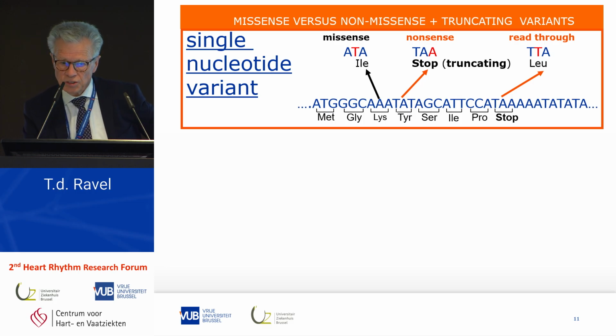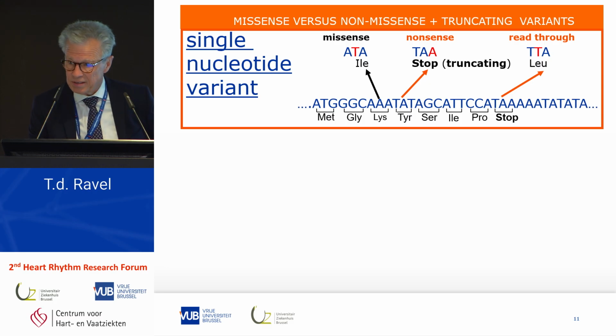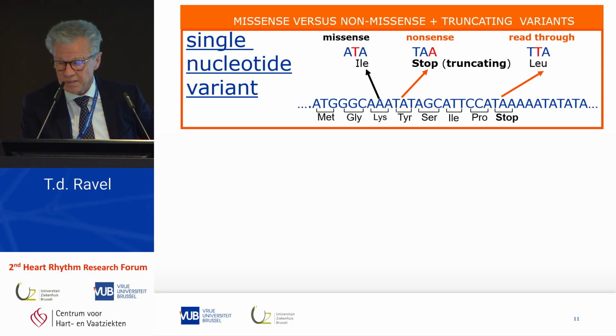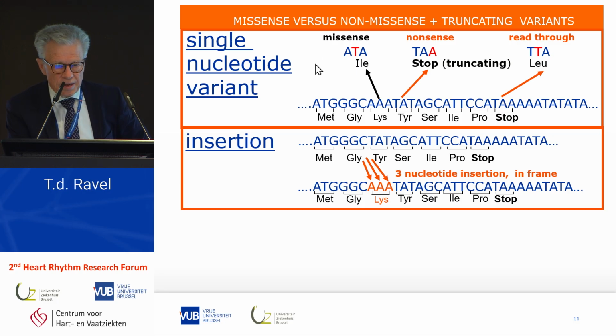So this is a stop codon, and what we call truncating. It's cut off. So the protein is much shorter, and therefore that will probably be degraded and not function at all. Or if it's still whole, the small protein remnant stays, it can cause more trouble than it not being there.